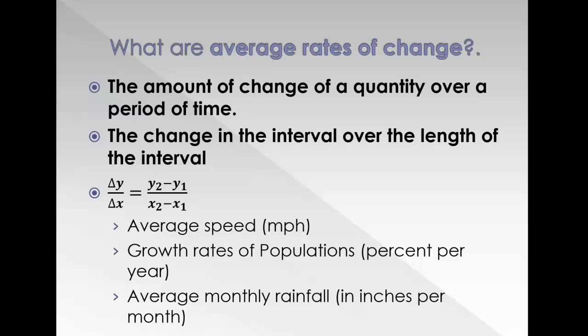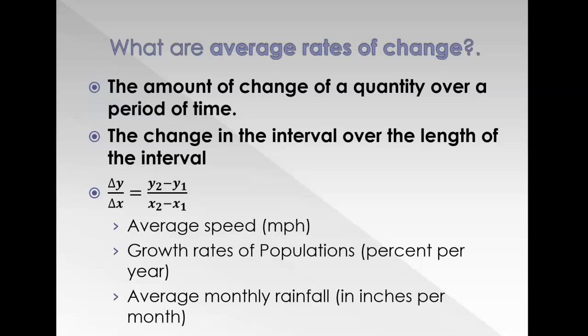The average rate of change, as we previously discussed in 1.1, represents the amount of change of a quantity over a period of time. So an average speed for a vehicle is the change in miles over the change in time. Average speed is always the easiest one to talk about because you see it in your everyday life.